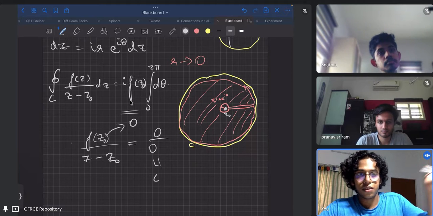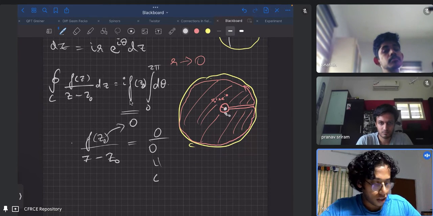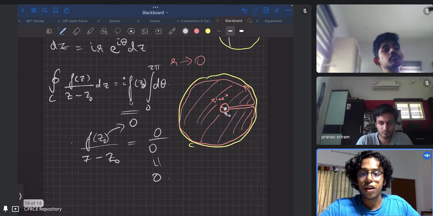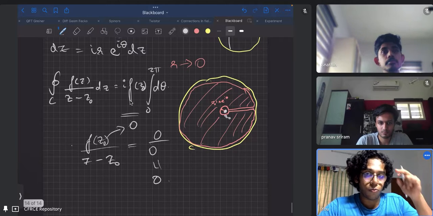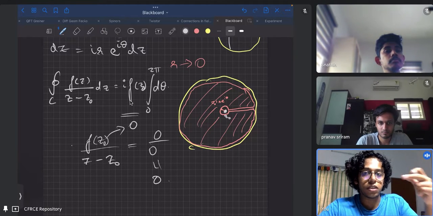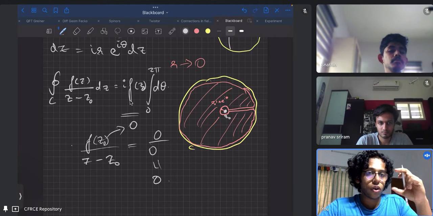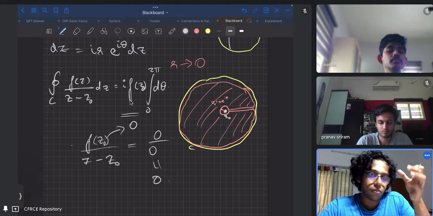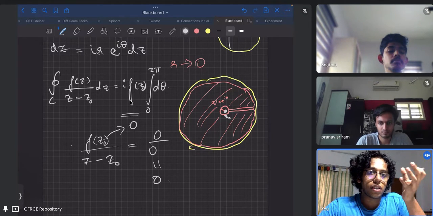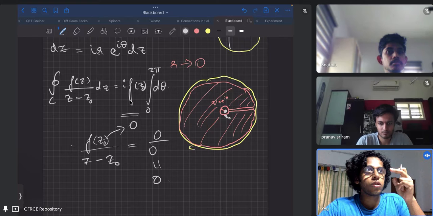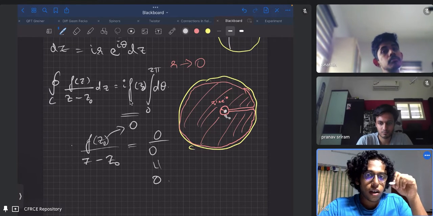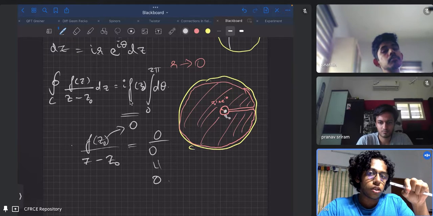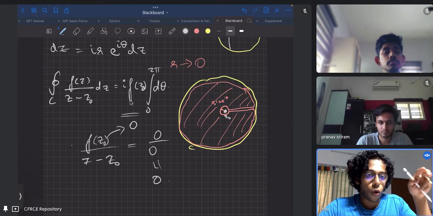Okay, so it's just an approximation that we take, but remember we made this assumption in the last video as well. The moment you have 0 by 0, you say that it's all 0. It's saying that once you draw a small circle around that, there is no flux coming into the singularity nor any flux going out of the singularity.